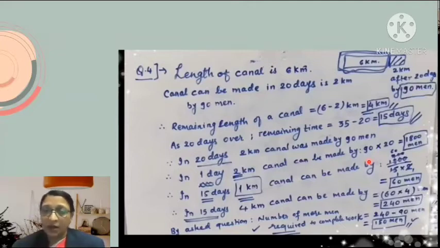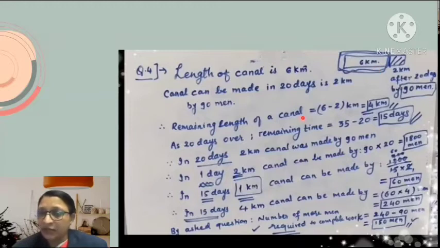Let us see how to calculate. Length of canal is 6 km, and the canal made in 20 days is 2 km by 90 men. So see, this is the 6 km canal and after 20 days of work by 90 men, they made 2 km of canal. So this patch is yet remaining to complete.